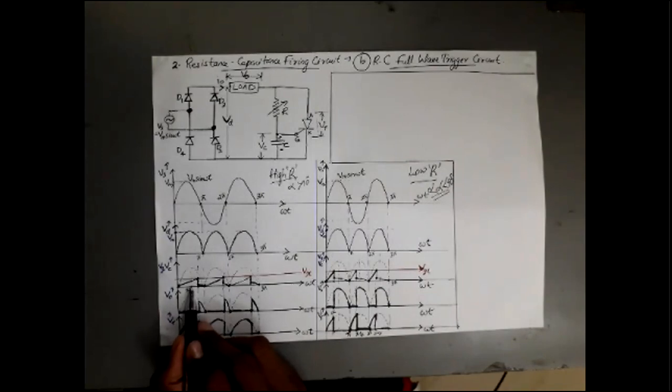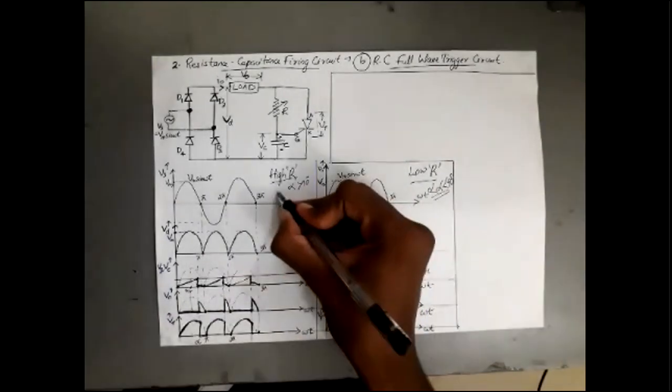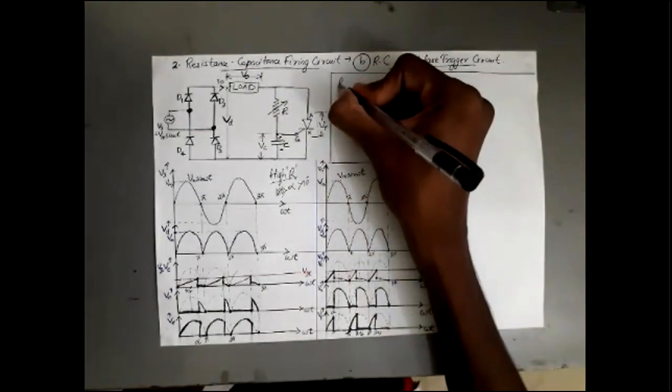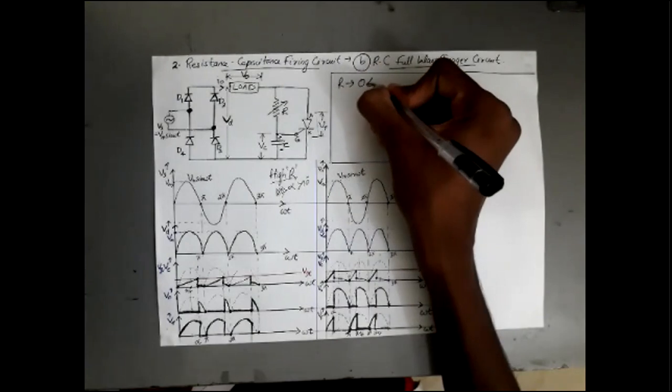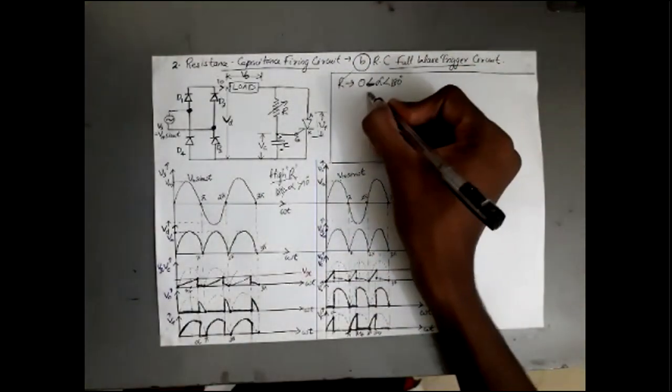So we can conclude that by varying the resistance, alpha can be varied between 0 and 180 degree. In practical case, this alpha cannot be 0 as well as 180 degree. So by varying resistance R, we can vary alpha. And we have output at both the half cycles, so it is a full wave trigger circuit.